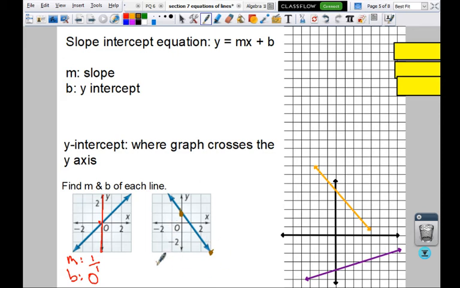So my m, I'm going down 1, 2, 3, 4, and because I'm going down, it's negative 4. Over 1, 2, 3, negative 4 over 3. Alright, and then my y-intercept is going to be right here, and that is the number 1.